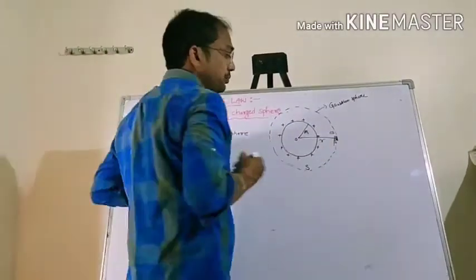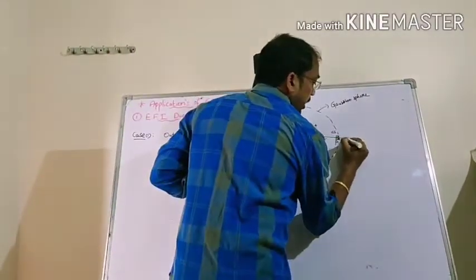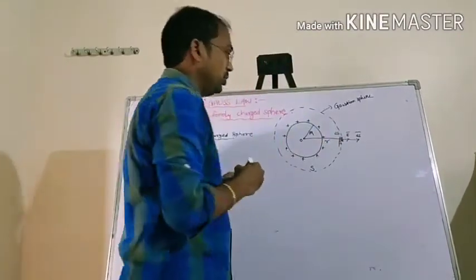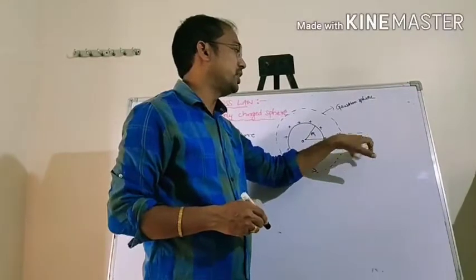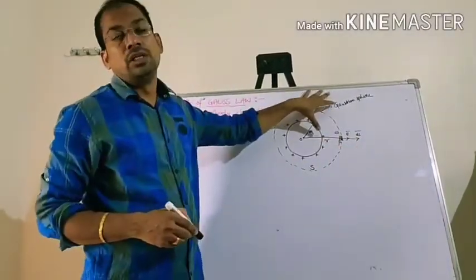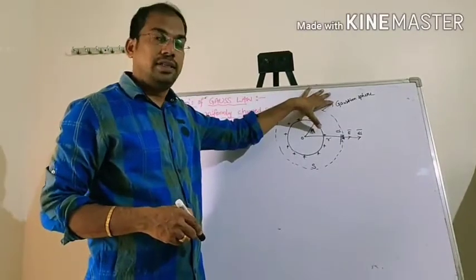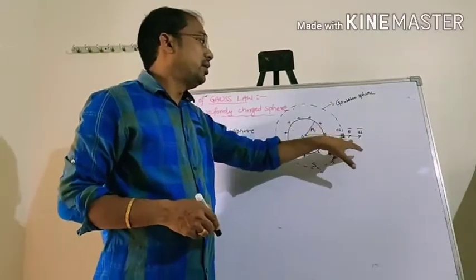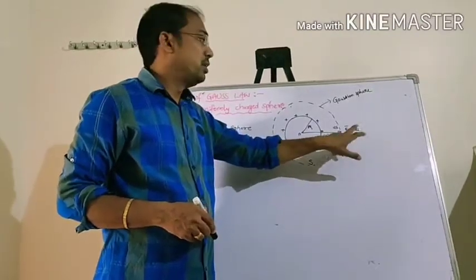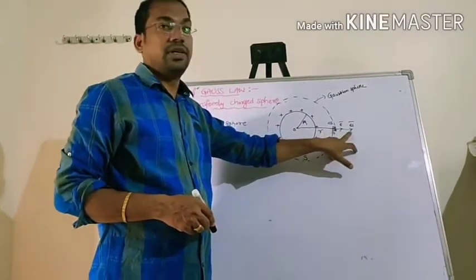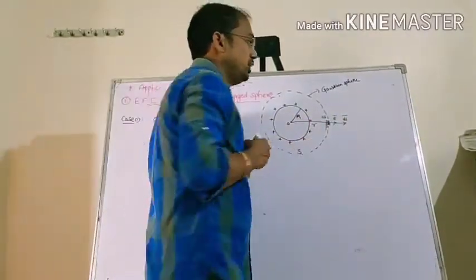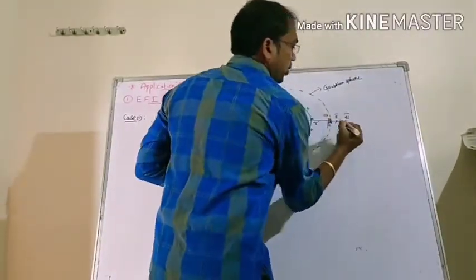Here the electric field vector and the area vector will be in the same direction, because it is uniformly charged. That's why the angle between these two will be 0.